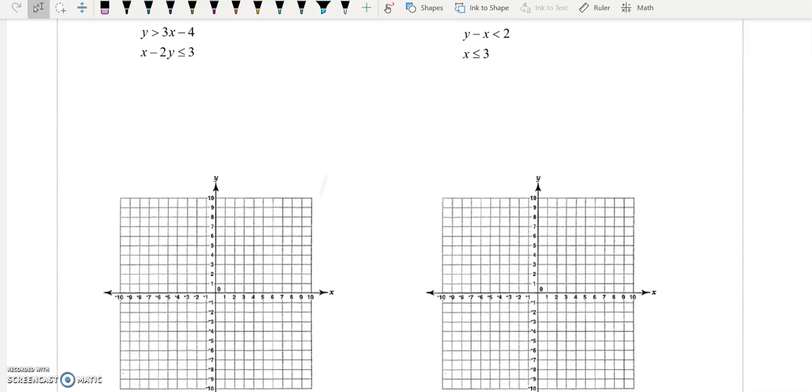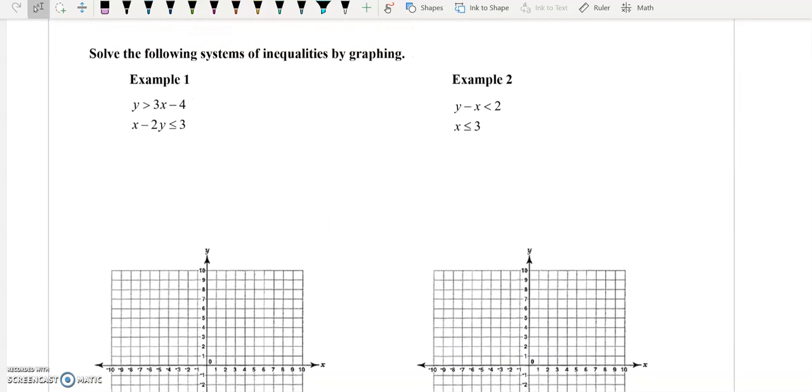So example number one, you'll notice that there's quite a significant gap between the graph and the example. The reason for that is we do need it to be in that format still, in theory, of y equals mx plus b. I understand that these are inequalities, so it's not going to be equal to, but we still want the y to be by itself. So if the y is not by itself, you're going to need to do a little bit of solving before you graph it.